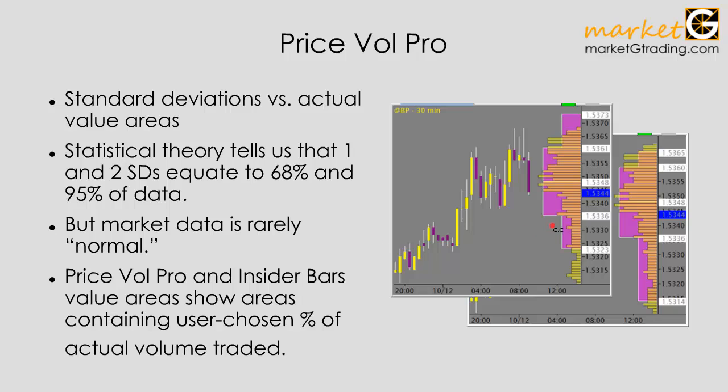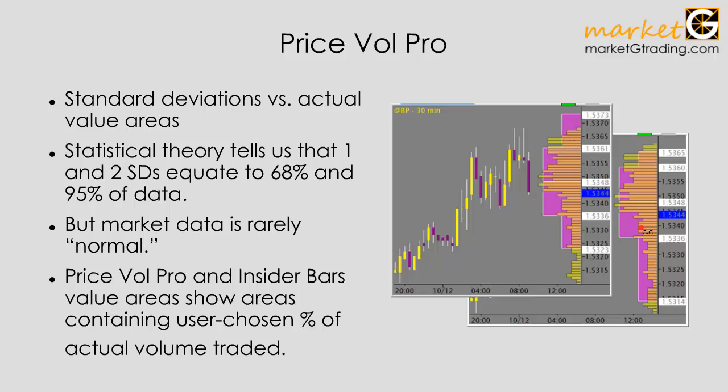And here's an example of this. The chart on the left shows the traditional volume-weighted average price with 1 and 2 standard deviations above and below. And this is a British pound chart. As you can see, the data doesn't really fit the standard deviations very well. The standard deviation doesn't address skewness. So you have the prices extending way below the 2 standard deviation line, and you see the standard deviation extended way up here.